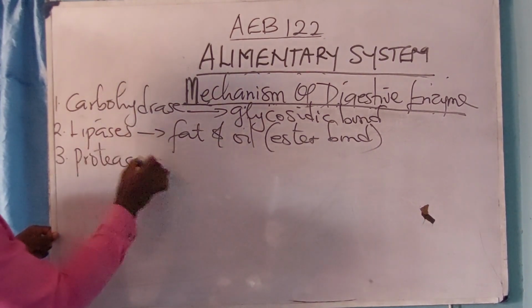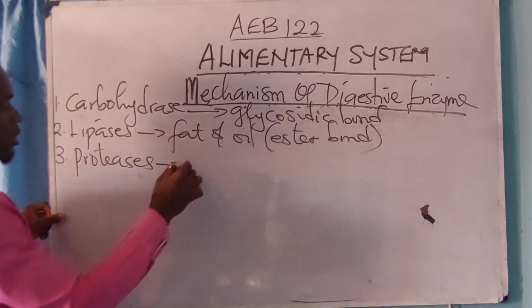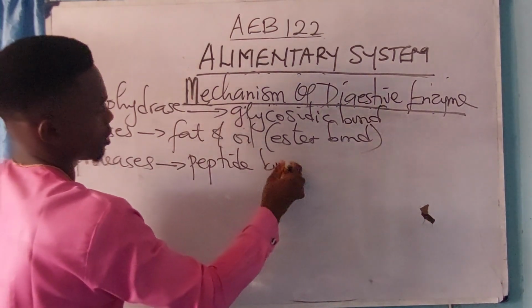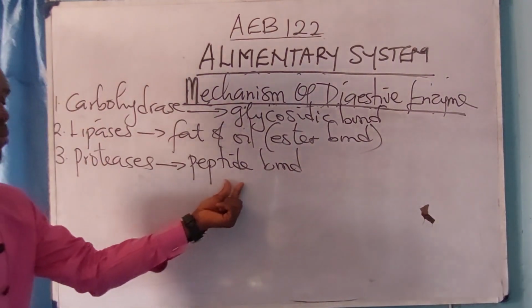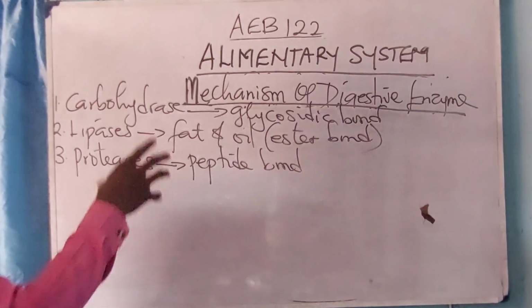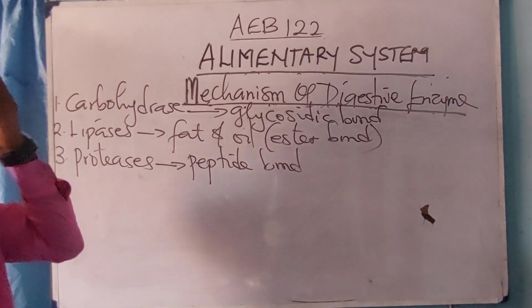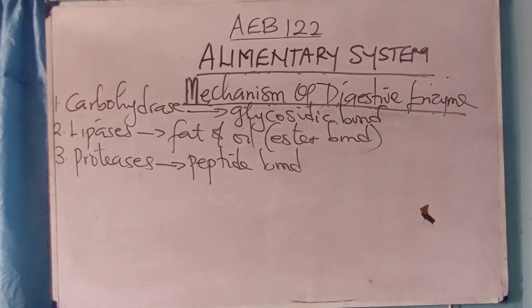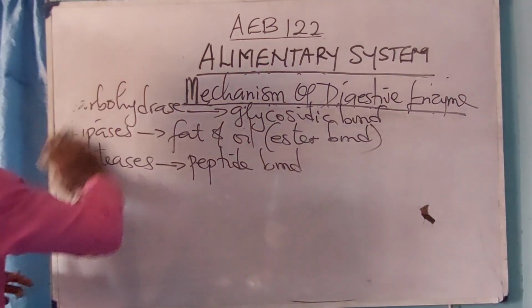Proteases are protein digestive enzymes. They act on peptide bonds, thereby converting protein to amino acids. So these are the various enzymes that speed up the rate of digestion. But we are going to be treating each carefully. So let's start.